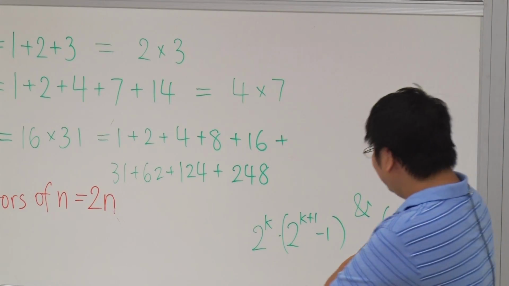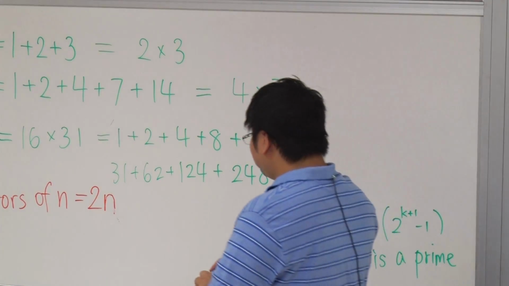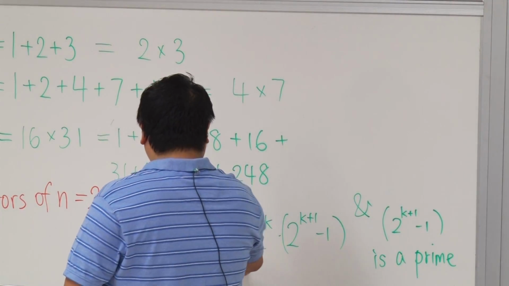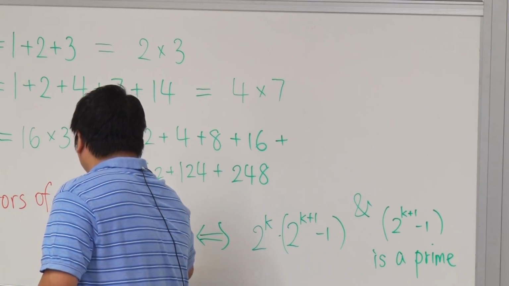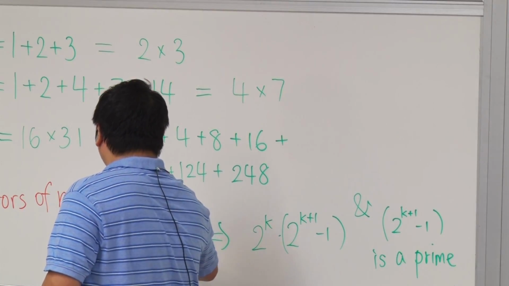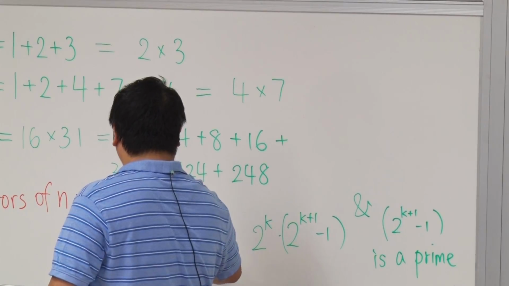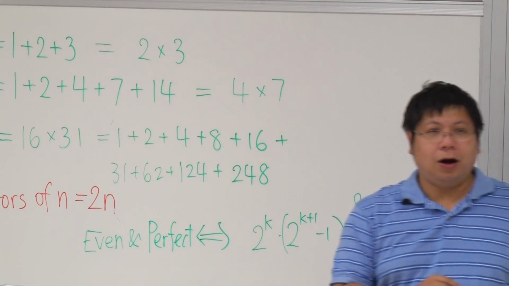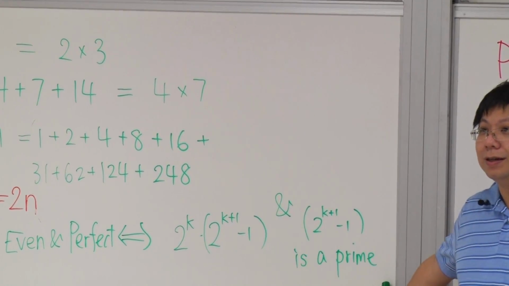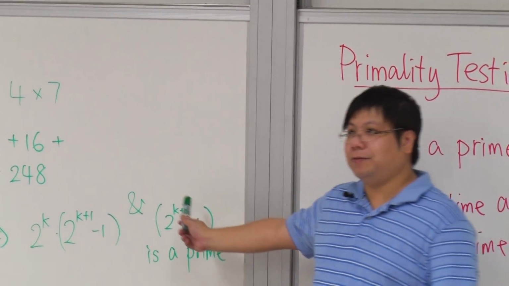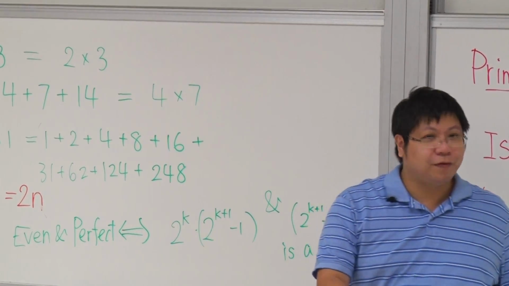What's more is, if a number is even and perfect, Euler says all the even perfect numbers must be of this form, and any number of this form must be an even perfect number.